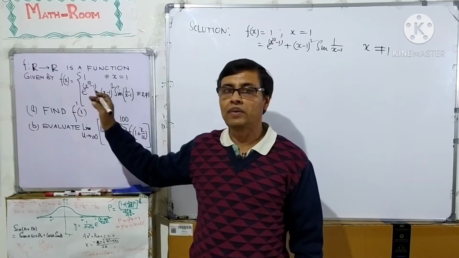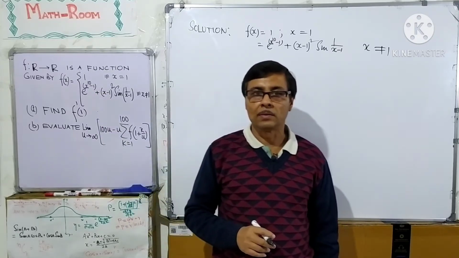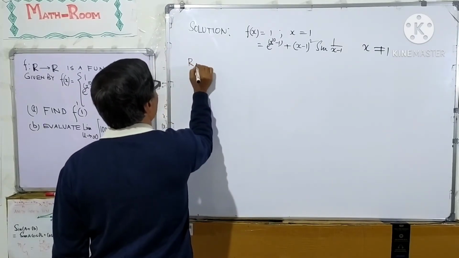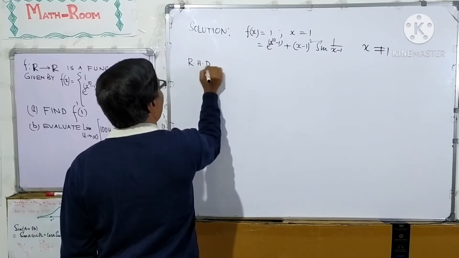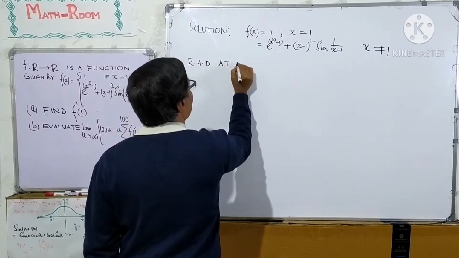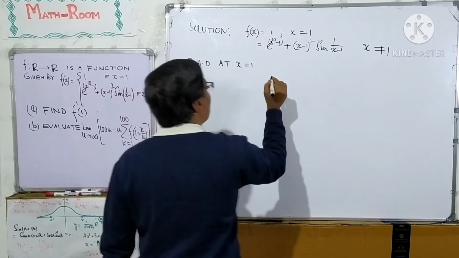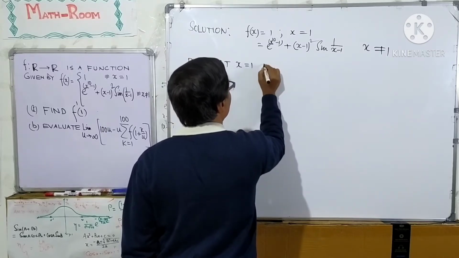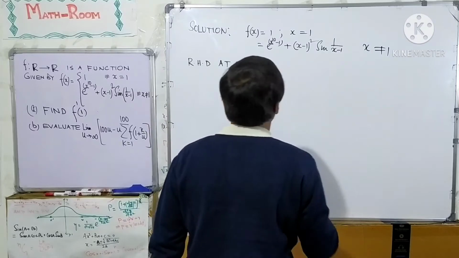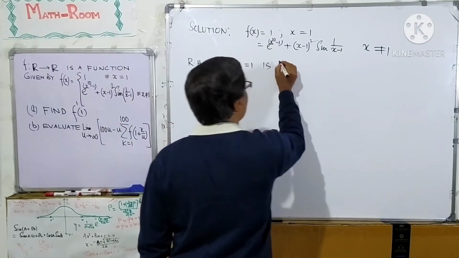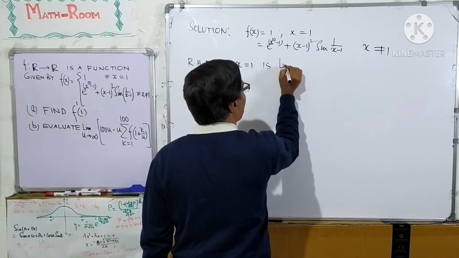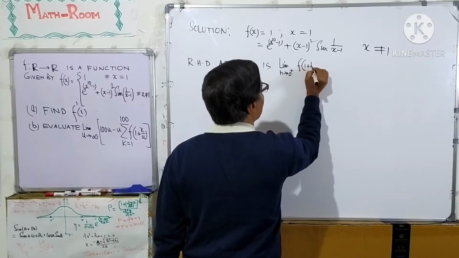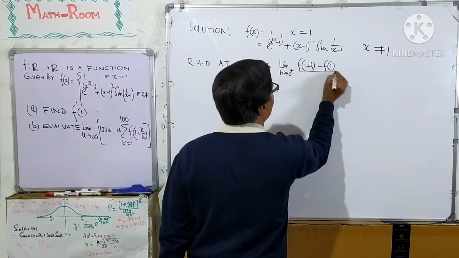At first we verify the existence of the derivative at x = 1. Now the right hand derivative at x = 1 is, using the definition of derivative, the limit as h tends to 0 plus of (f(1 + h) - f(1))/h.